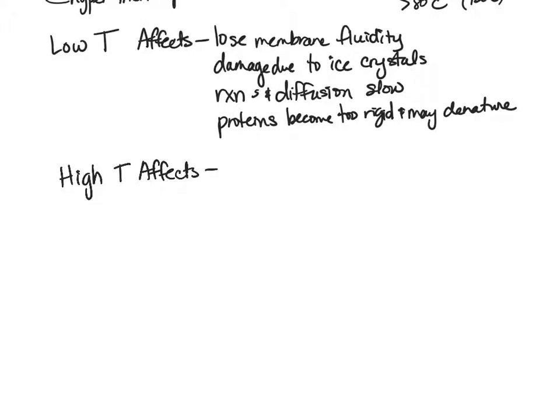So some of the high temperature effects are going to be kind of the opposite of this. We already know that it's going to denature proteins. So even in cold temperatures where things become rigid and slow down, when we increase the temperature, proteins actually become denatured because they're moving around so quickly that the bonds between the amino acids are just going to be broken, affecting the quaternary structure, the tertiary structure, and then even getting down into breaking apart the individual amino acids when we get into an extreme high heat situation.